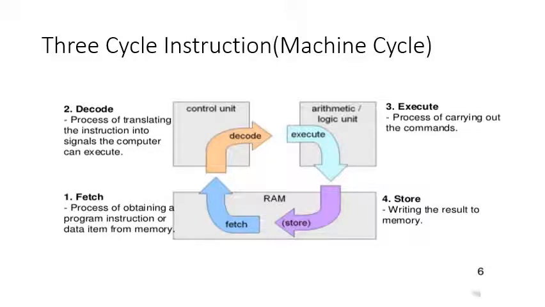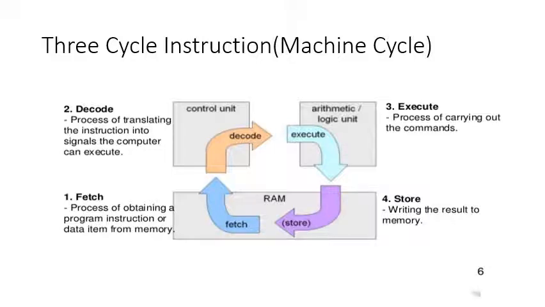Then it executes. Fetching is nothing but the process of obtaining a program instruction or data items from the memory. That is, it is going to fetch the instructions from the memory. Then it decodes. Decode is nothing but a process of translating the instruction into signals that the computer can execute.